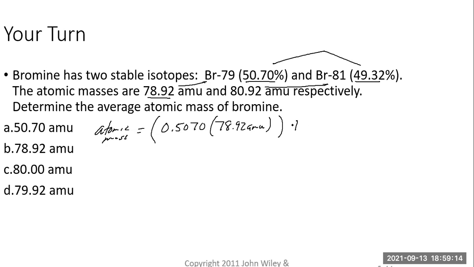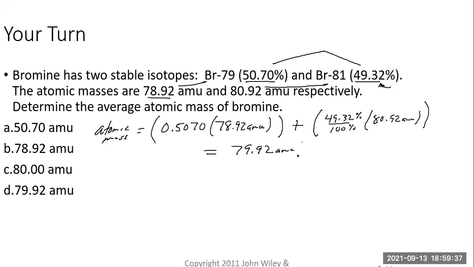We again will add here, not multiply. We're going to do the same thing for our second isotope. Again, you can move the decimal point, or you can divide by 100 if you want. Then we multiply that by 80.92, which is the atomic mass of the second isotope. And I believe you end up with 79.92 AMU.